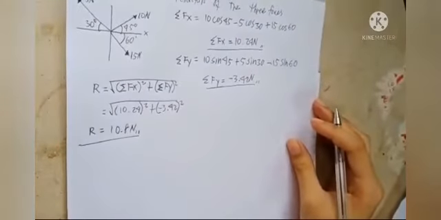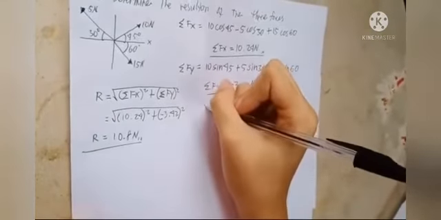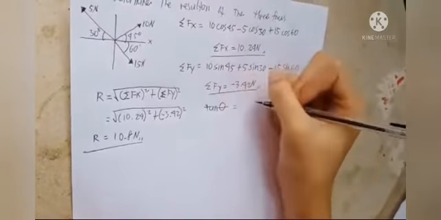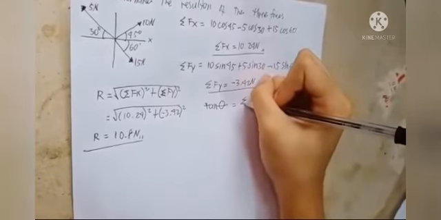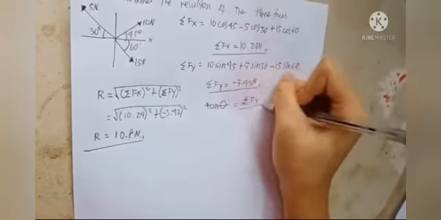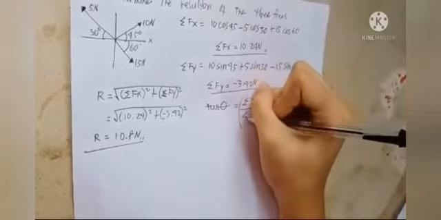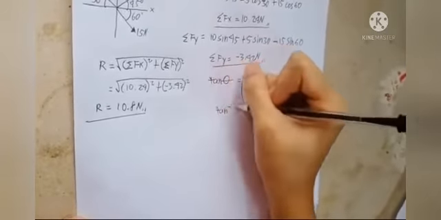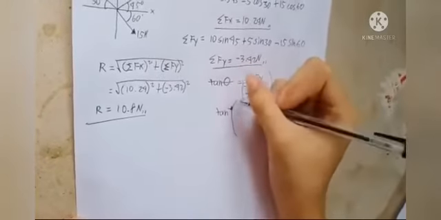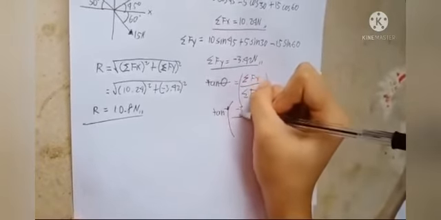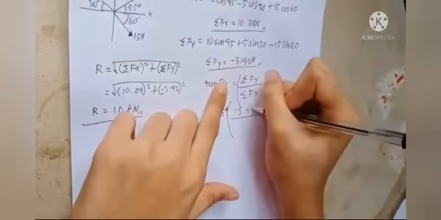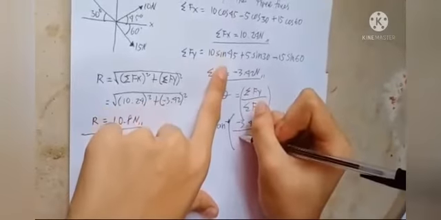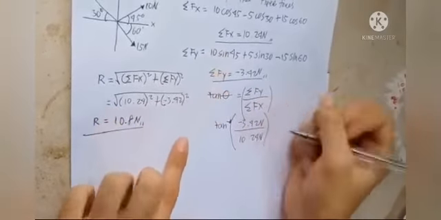For tan theta, this is the equation: tan theta equals sigma f of y over sigma f of x. Tan theta equals negative 3.42 Newton over f of x, which is 10.24 Newton.